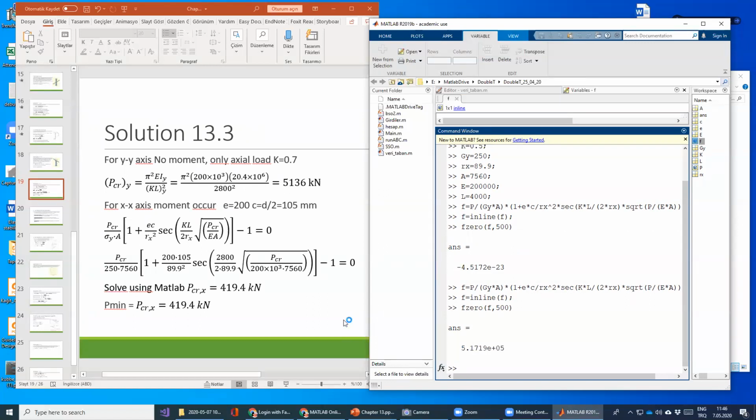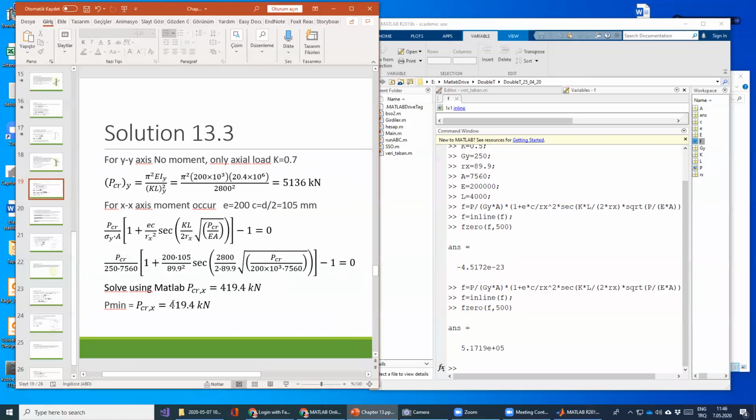And after that, I obtain a different result. I think maybe I made a mistake, or not. I don't know. Sometimes we make mistakes. And the result is 5,... this is in Newton, and I don't know which one is correct. Alternatively, you can check my hand calculations or write the equations if you have time.